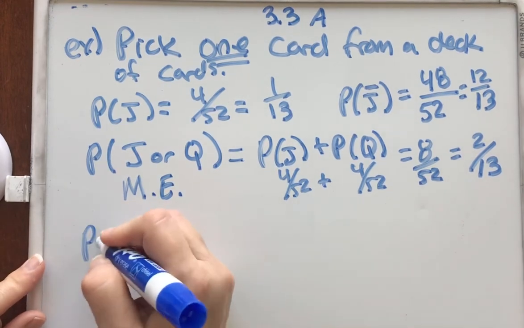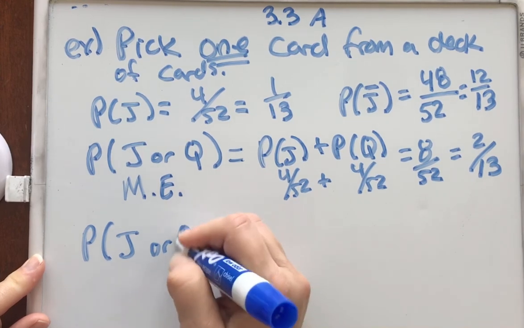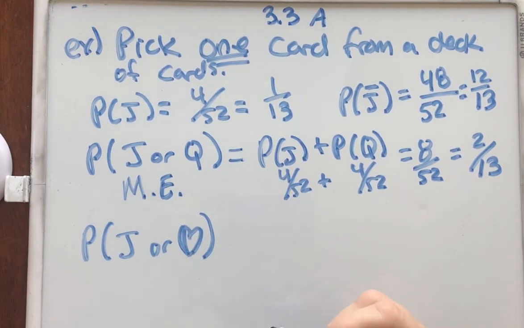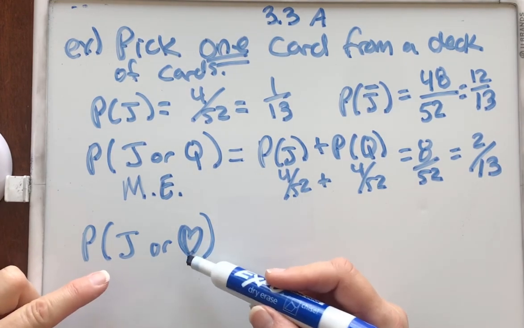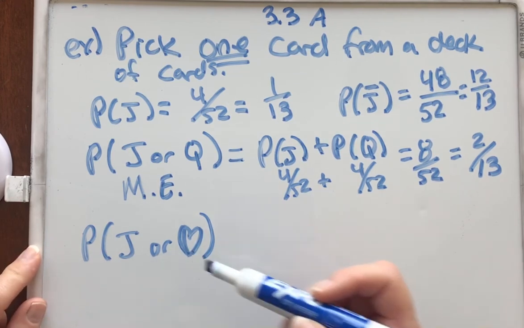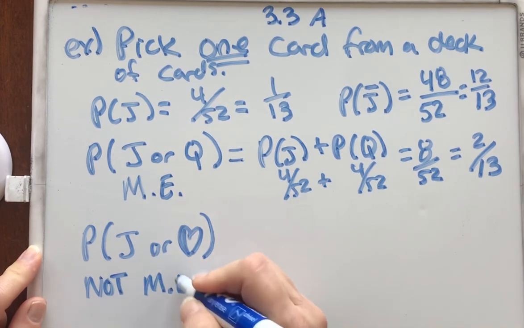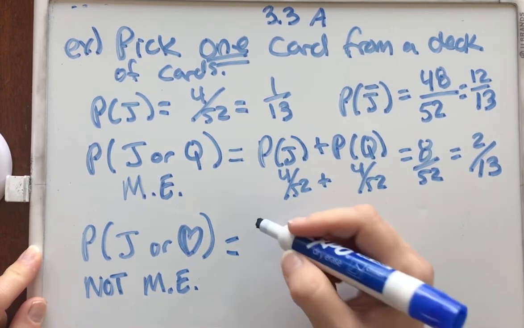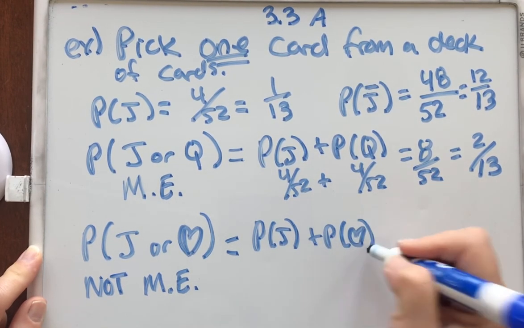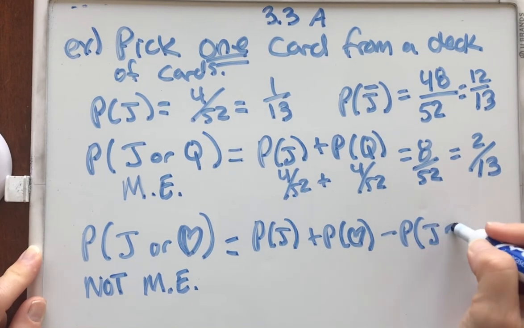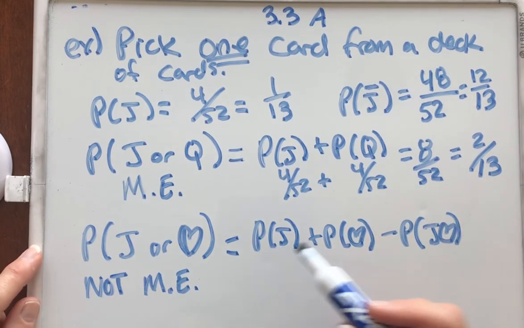Okay, let's look at one more. Probability of a jack or a heart. Okay, so we ask ourselves, are these two sets mutually exclusive or not mutually exclusive? Is it possible to have a jack of hearts? Well, yes, it is. So this is not mutually exclusive, and therefore we're going to use the appropriate formula for that, which is probability of jack plus the probability of getting a heart minus the probability of getting the jack of hearts, because we don't want to count the jack of hearts twice when it's in here and it's in here.